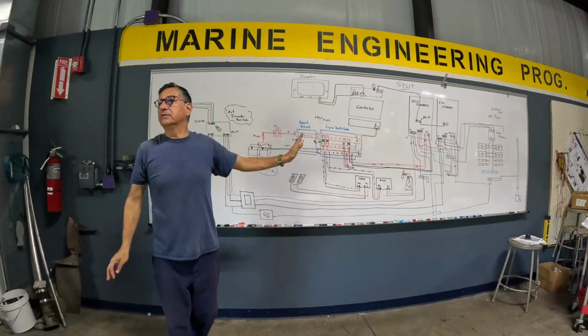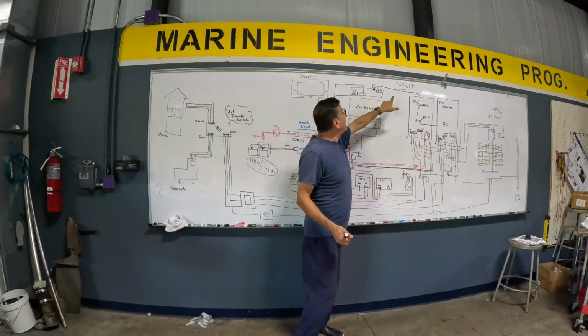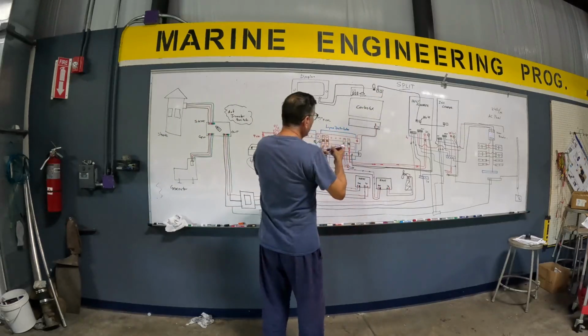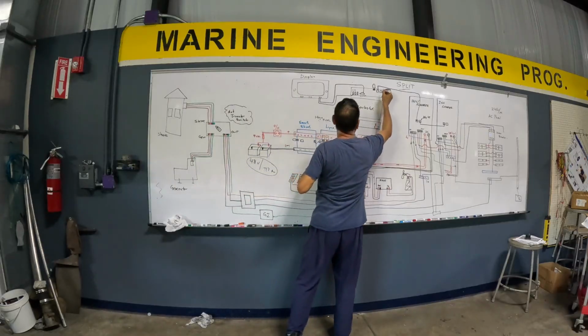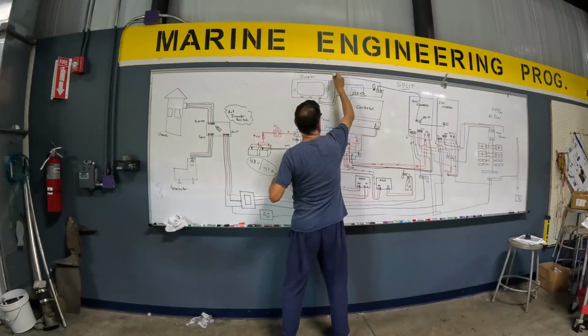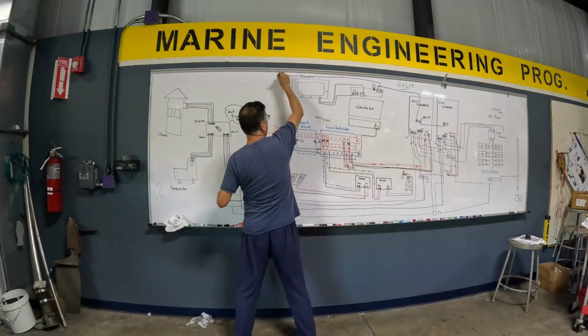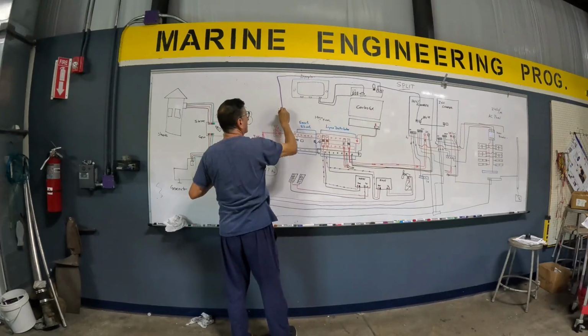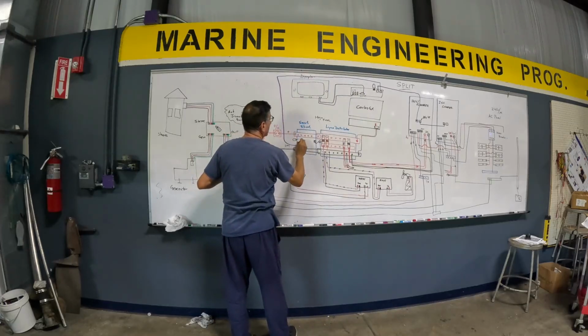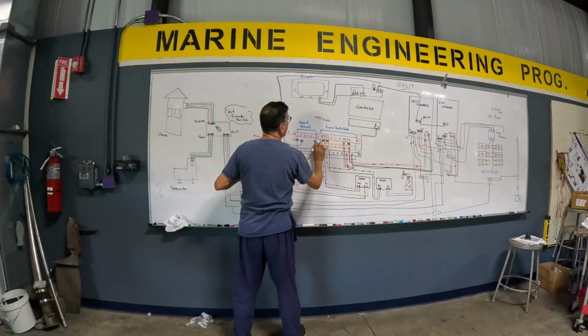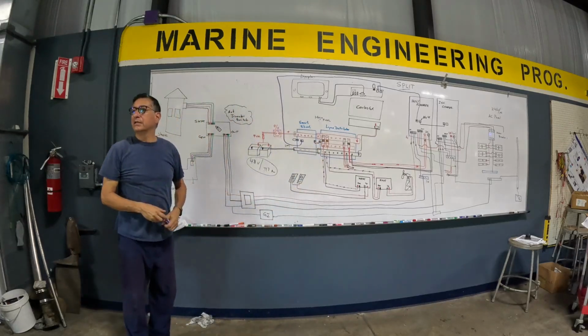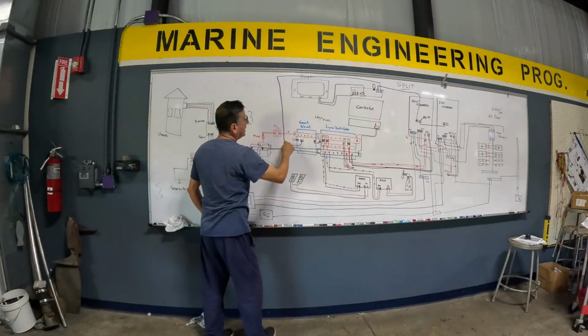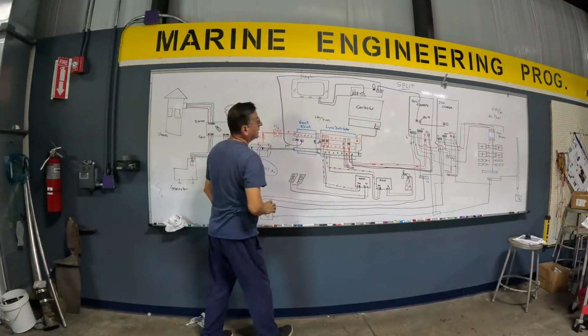This one is double phase. This one is here and the other one will be connected here. And here I have another one between this and this. You see? Data cable here and data cable here.